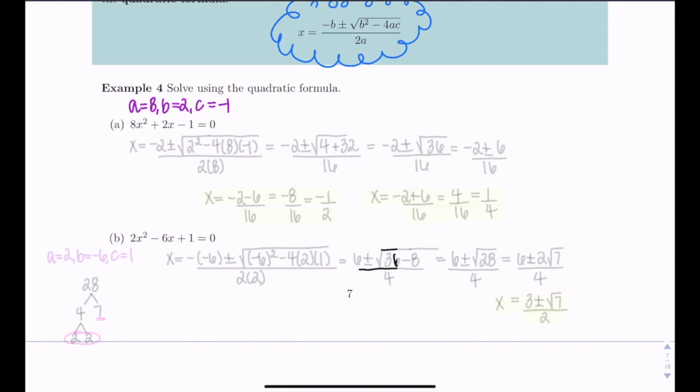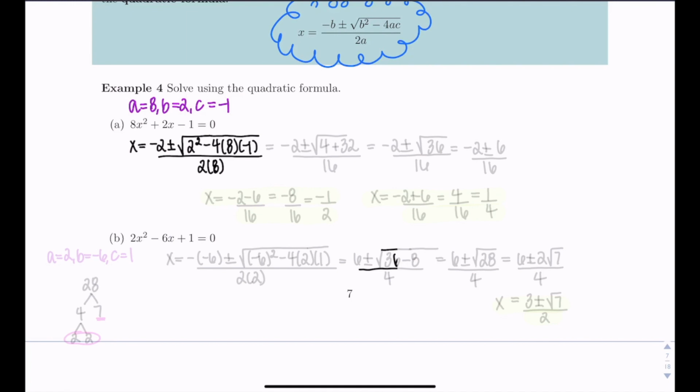So now plugging into the formula, we have x equals -2 plus or minus the square root of 2 squared minus 4 times 8 times -1, and that whole thing is divided by 2 times 8.